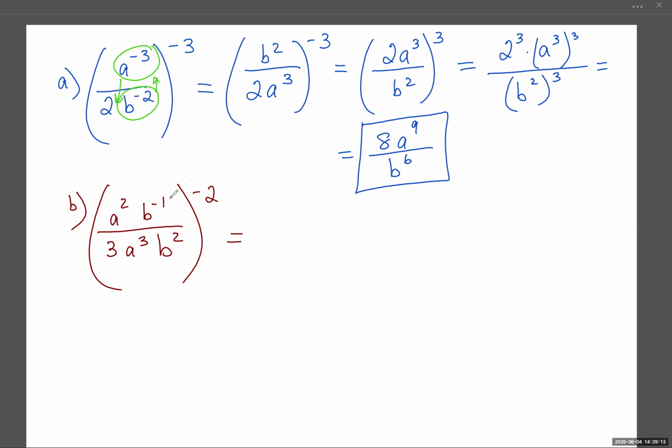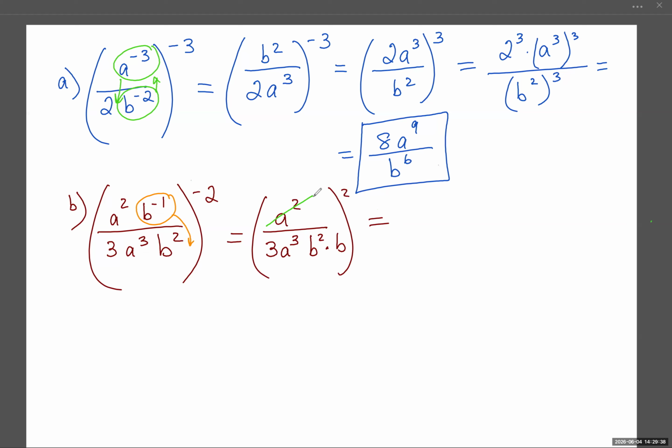So first thing, I'm going to go ahead and take care of this negative 1. So that would be a squared divided by 3 times a cubed b to the second times b, all that to the second power. Okay, let's go ahead and talk about a to the second and a to the third.